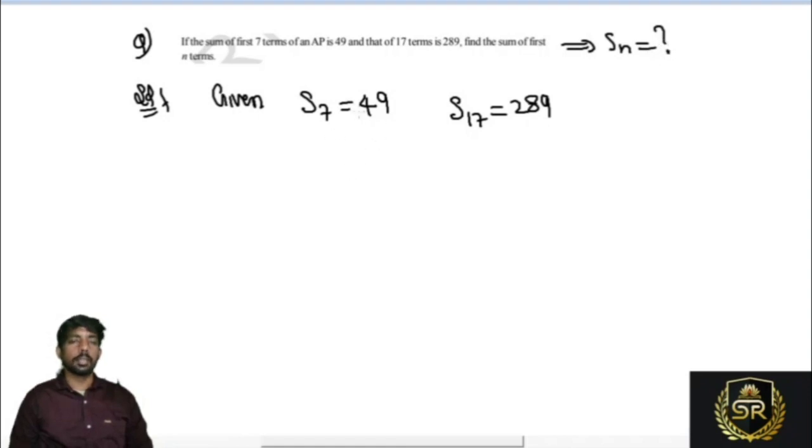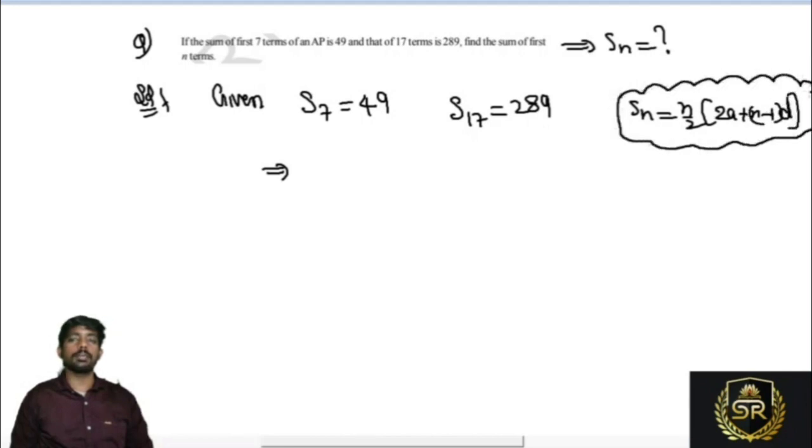We know the formula: Sn is equal to n by 2 into 2a plus n minus 1 into d. So use this formula. S7 is 7 by 2 into 2a plus 7 minus 1 into d is equal to 49.